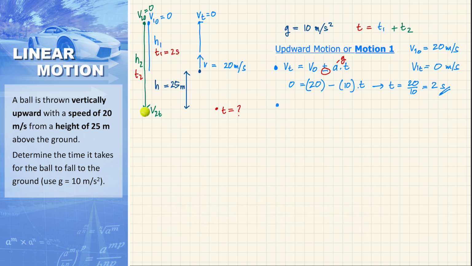Next, we will find the value of h1. h1 is equal to the distance s with the formula of initial velocity multiplied with t plus or minus 1/2 times gravitational acceleration, and multiplied with t square. We substitute v0. Since it is the upward motion, it will slow down, therefore, we use a minus sign for the second term. G is equal to 10.